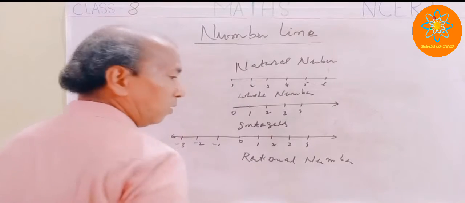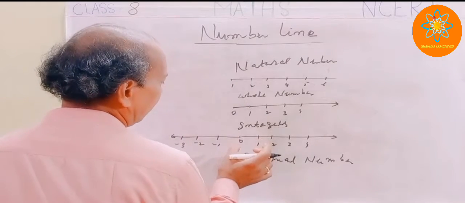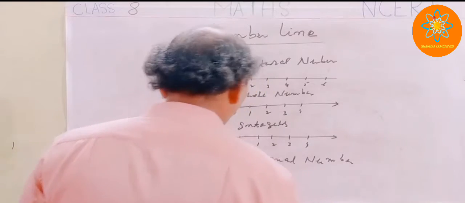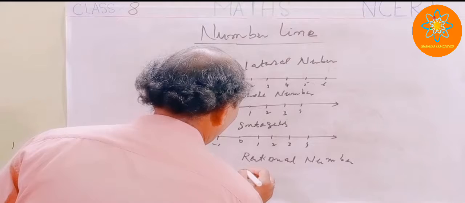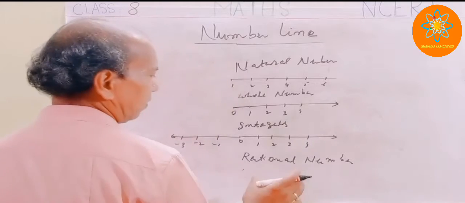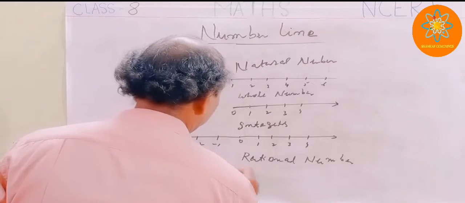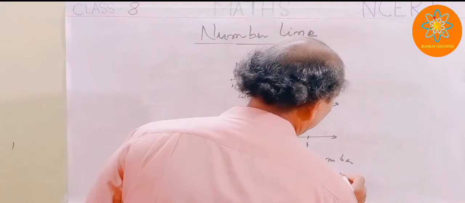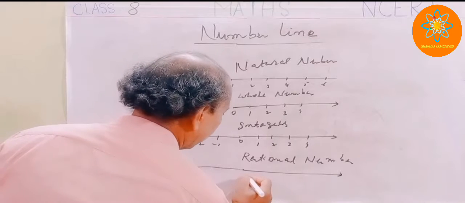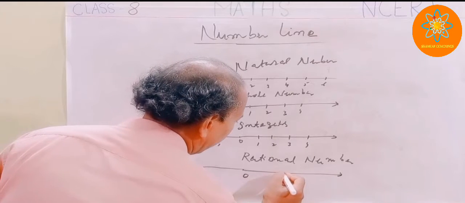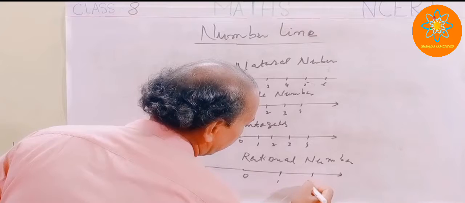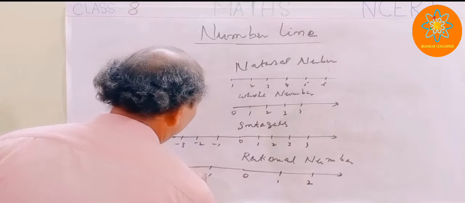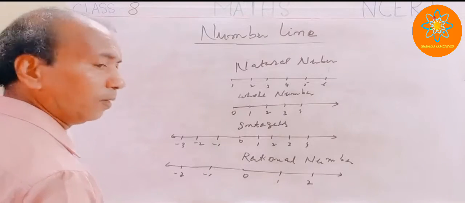Now, because a rational number is in between two integers, so what I will do, I will make some larger gap. For example, let's suppose for the integers, I'm making the larger gaps. Here is the 0, this is 1, this is 2, similarly -1, -2, I'm making the larger gap.